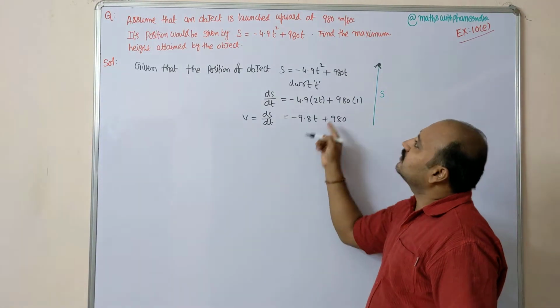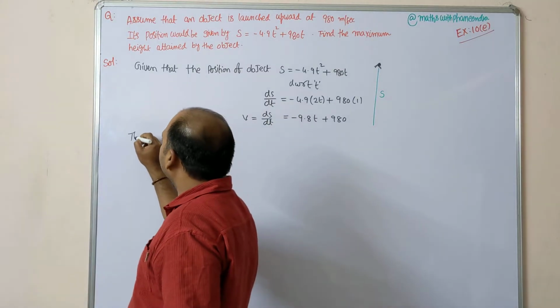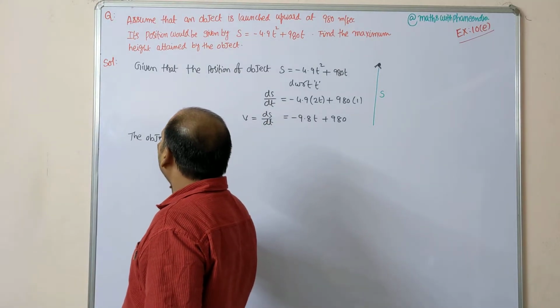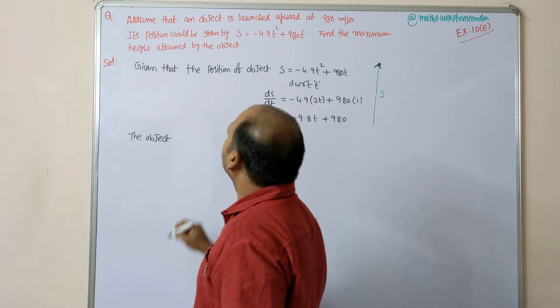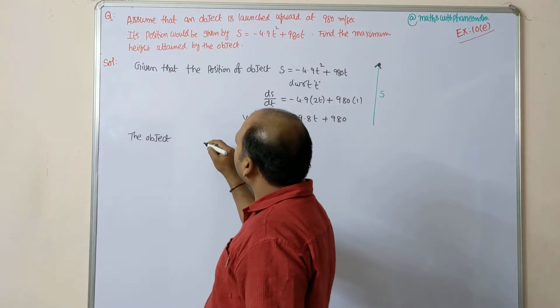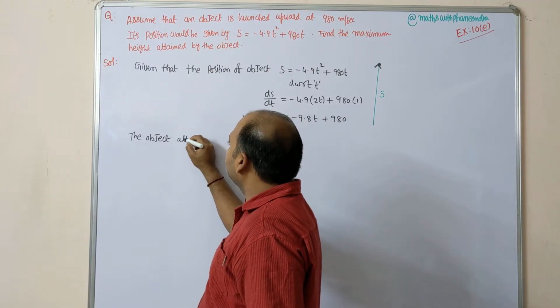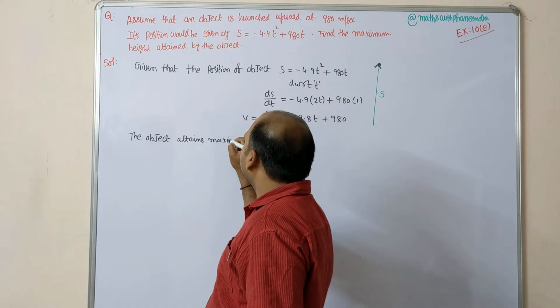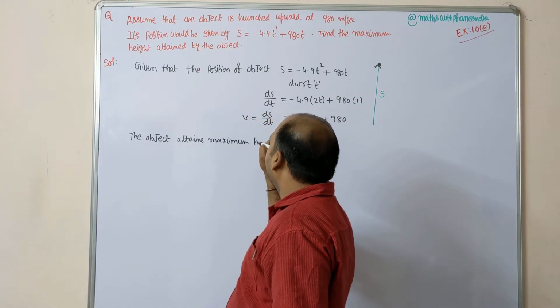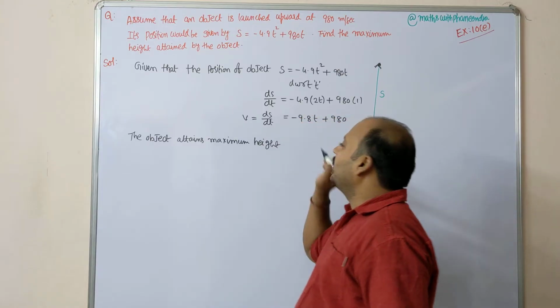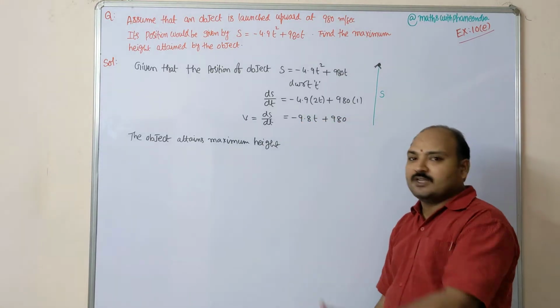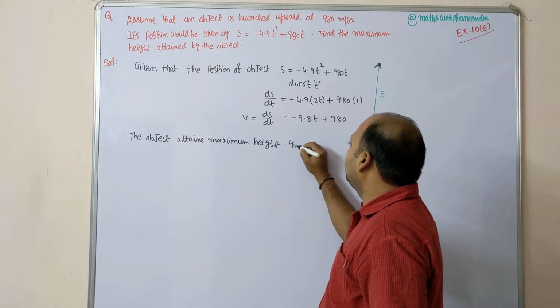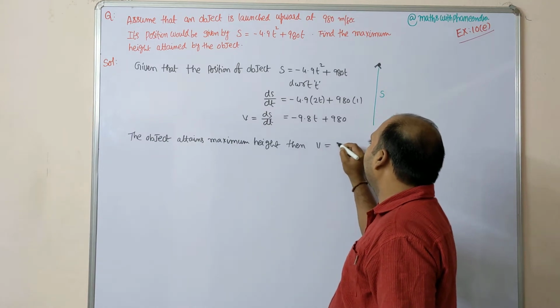After getting this, the object attained maximum height. Whenever the object attains maximum height, then velocity is 0.